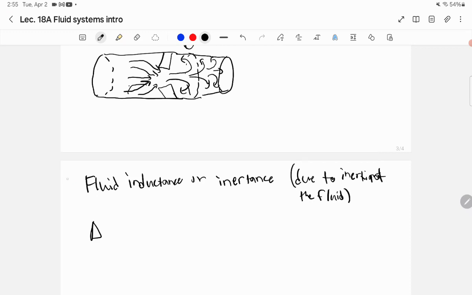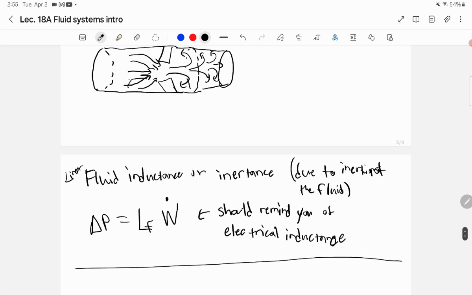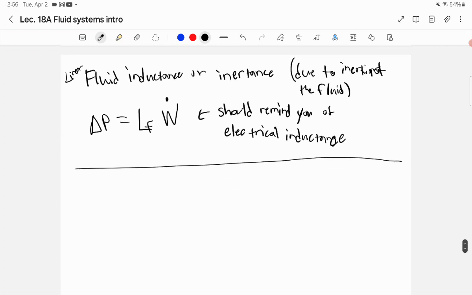That one, at least I should say linear, is going to be delta P is equal to LF times W dot. Okay, so this should remind you of electrical inductance. Right? We had like an I dot term there.